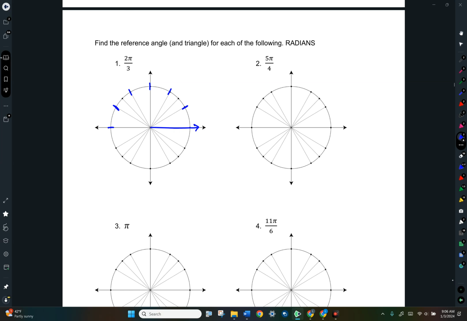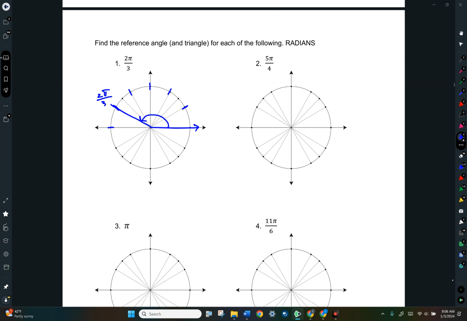Because it's kind of like this is a 1/6, and another 1/6 would be a third, and another 1/6 would be 3/6. So again, it's not that big a deal to recognize that, but it might help you draw them more accurately. Not that I care that much about accuracy, but so 2/3 is going to land right here. So here's 2π over 3.